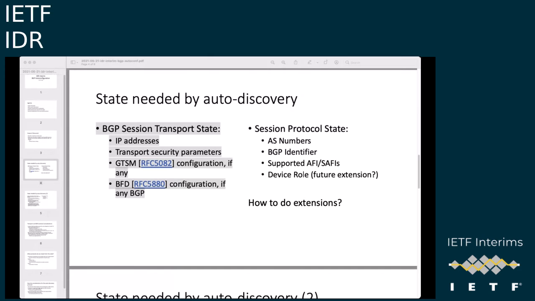However, when the session connect is triggered, as a router I may have different profiles, right? I may have one profile to connect to the compute nodes or the servers, and a different profile up towards the fabric.